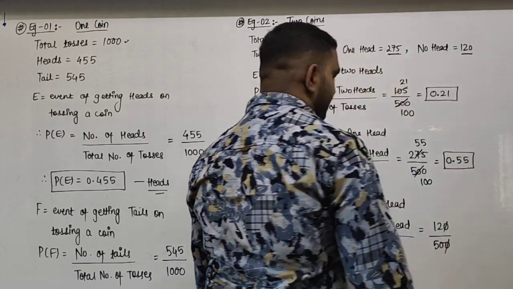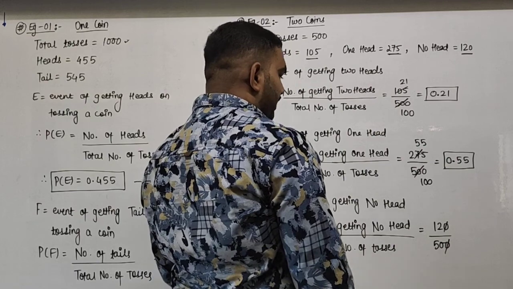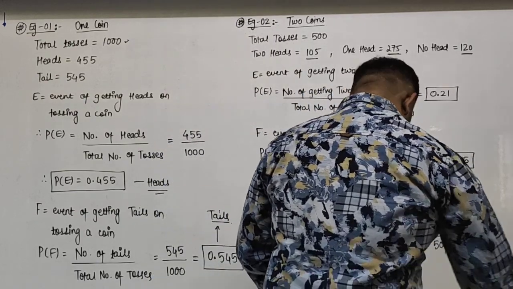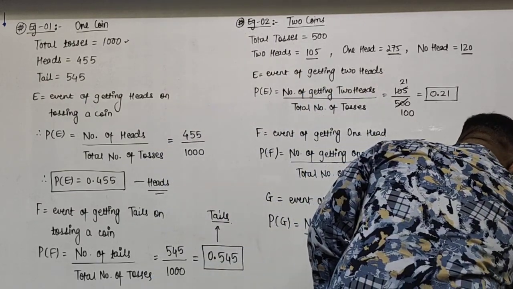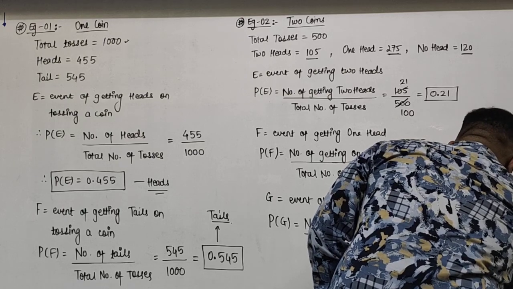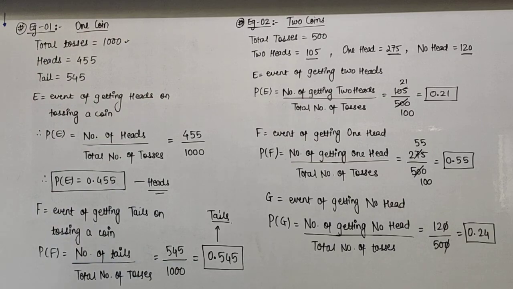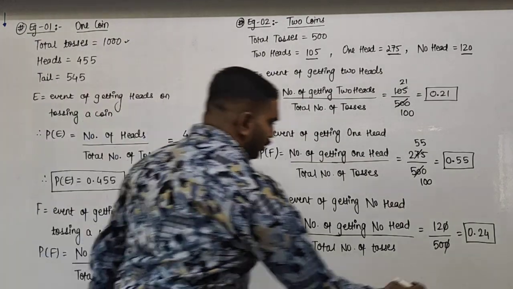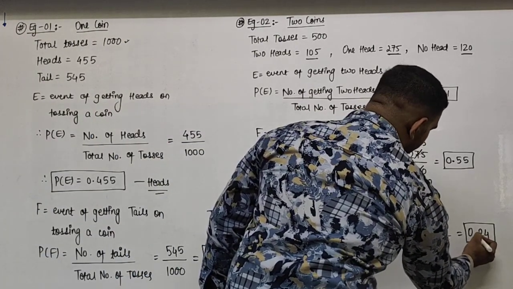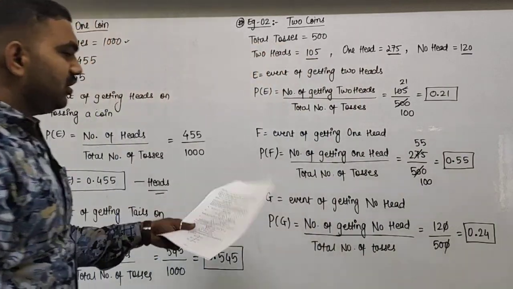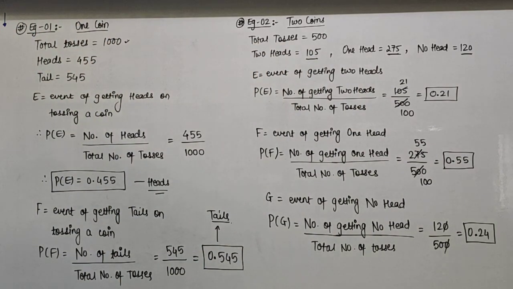So we can cancel out zeros: 12 divided by 50 will be equal to 0.24. If you divide 12 by 50 you will get the answer 0.24, and hence we get the probability. So I have solved 2 of the examples here.